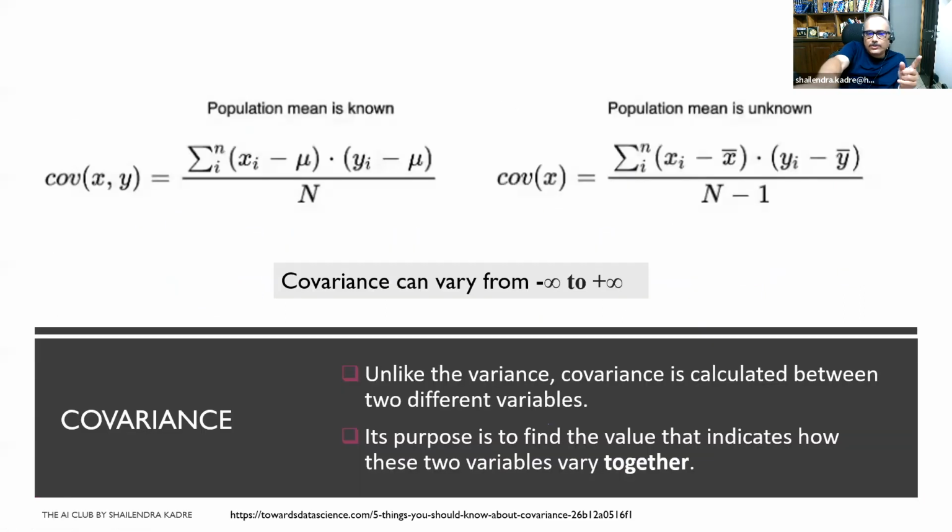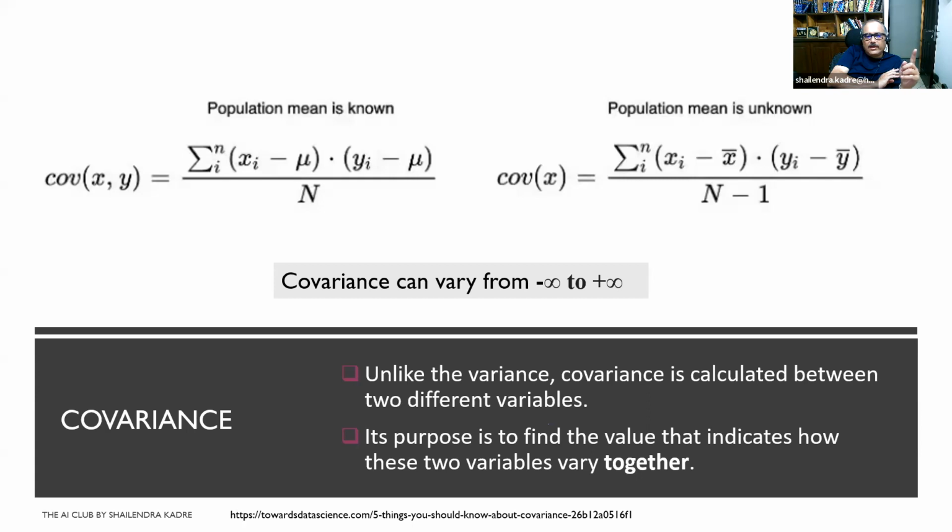So this we have seen. Now about covariance: variance can vary between 0 and positive infinity. Variance can be 0 and it can go up to infinity, a positive number. Covariance is also like that, but covariance can go negative.